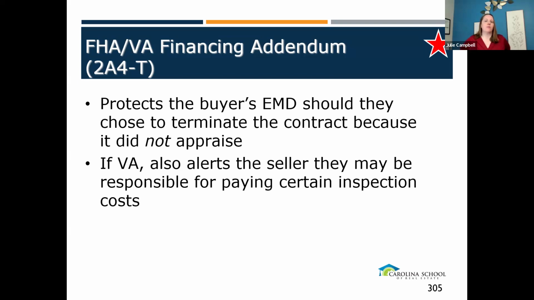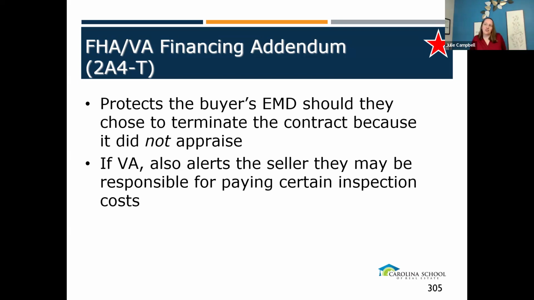The other thing this form does, remember we said with the VA, the seller may be on the hook to pay for certain inspections. Like the VA is going to require the buyer to get a pest inspection, but they're not going to let the buyer pay for it. So there's only two parties to the contract. If the buyer can't pay for it, then the seller's up.